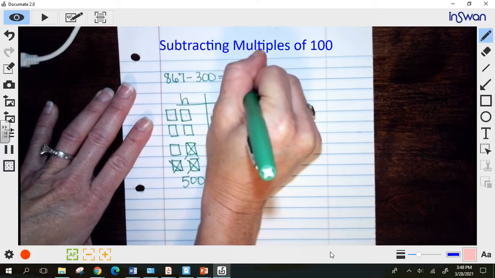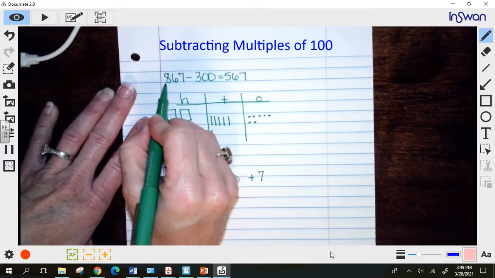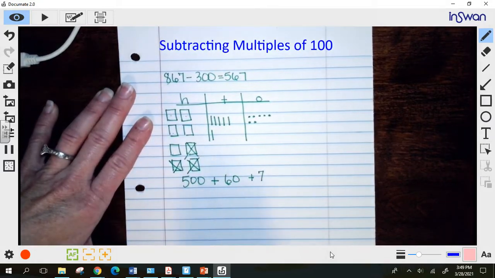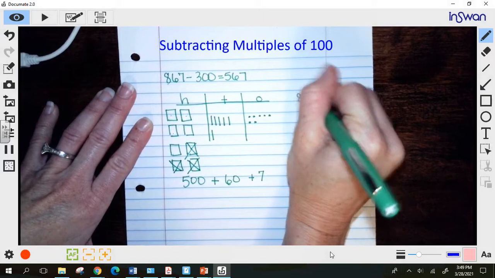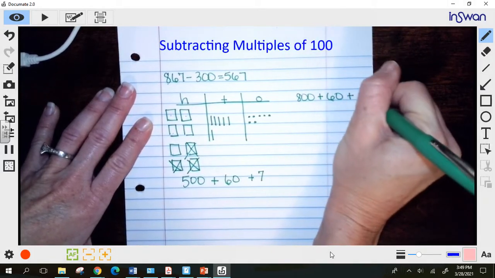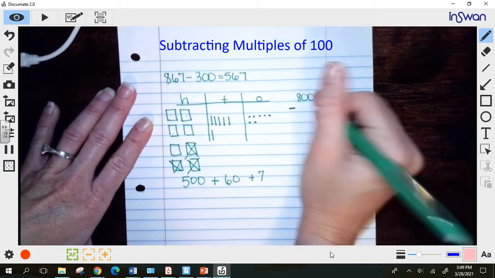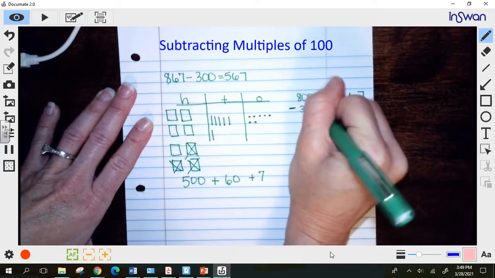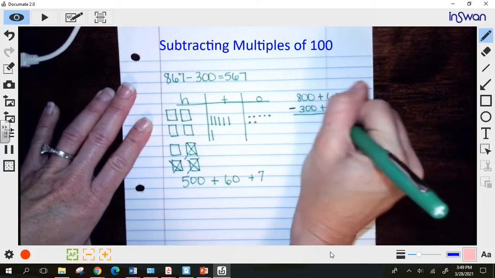Now, that's pretty simple, and you should be able to do it mentally because the only number we're subtracting from is our hundreds. Now, if you had wanted to do expanded form, it would look like this. 800 plus 60 plus 7, and I put my operation, minus 300, and then that means there's 0 tens and 0 ones.